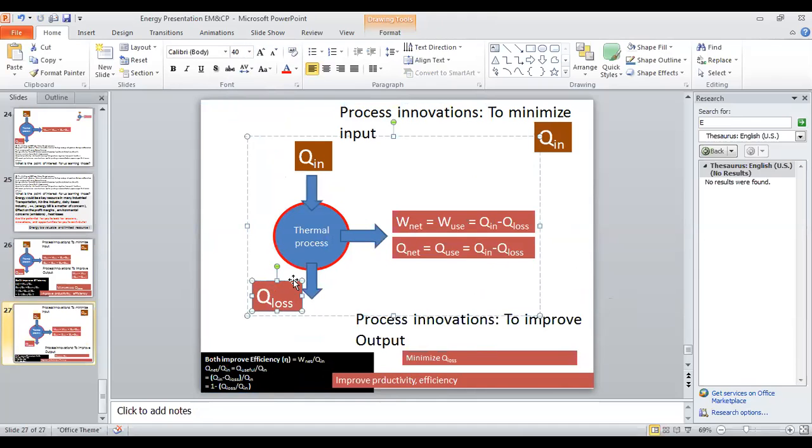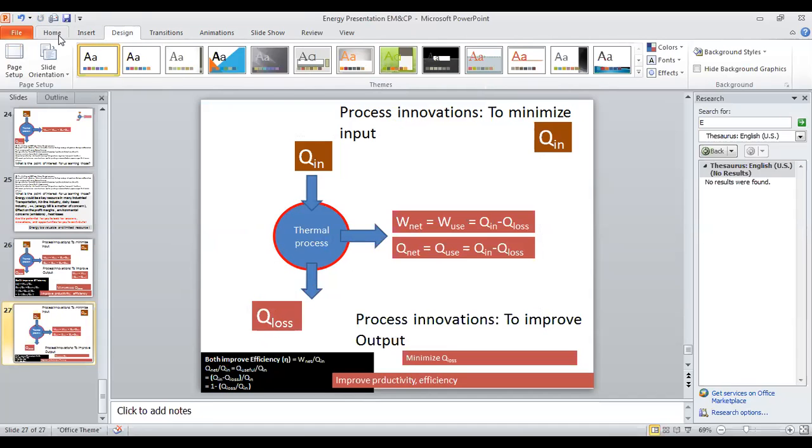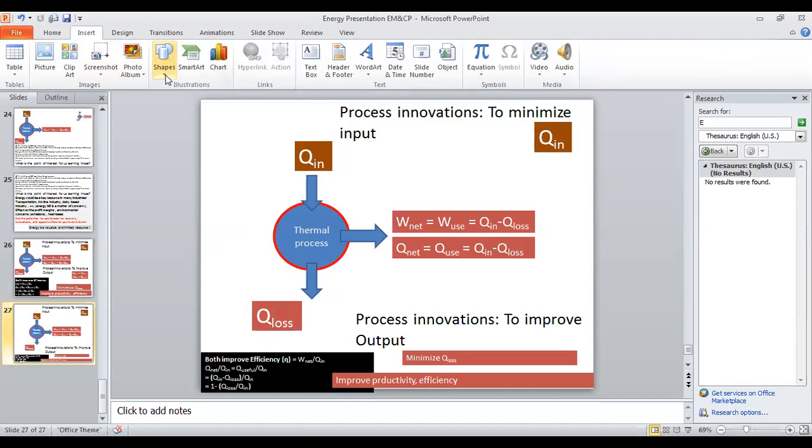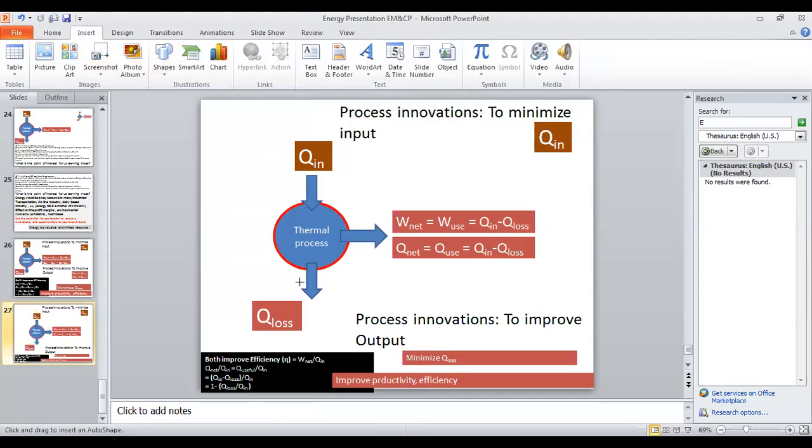Let's say there could be technologies where this Q loss, you won't let this Q loss become a loss. Perhaps you may be taking some portion of this out.